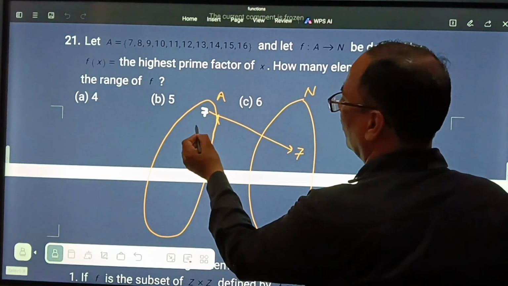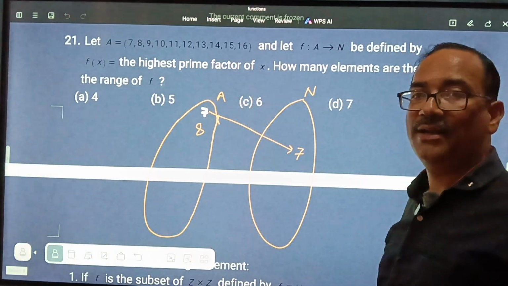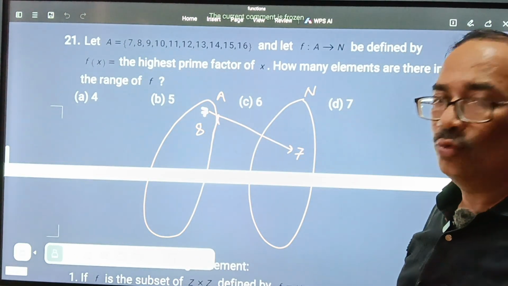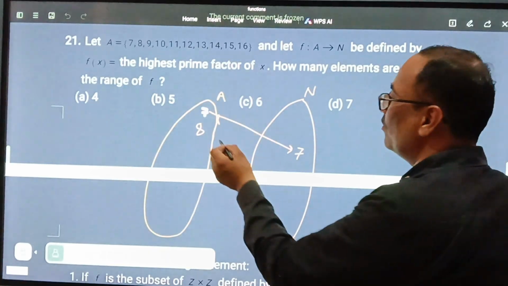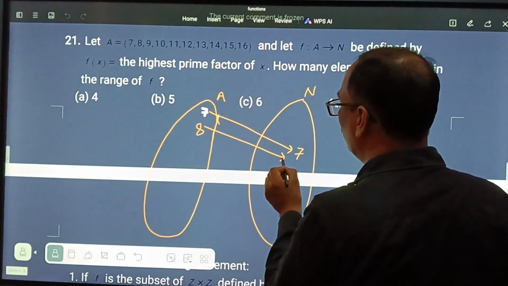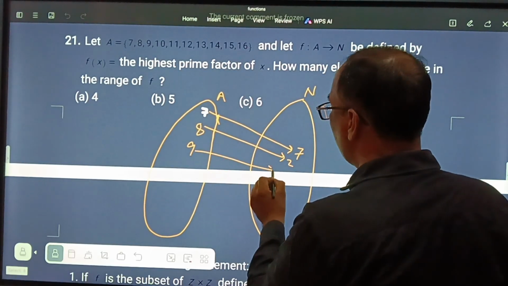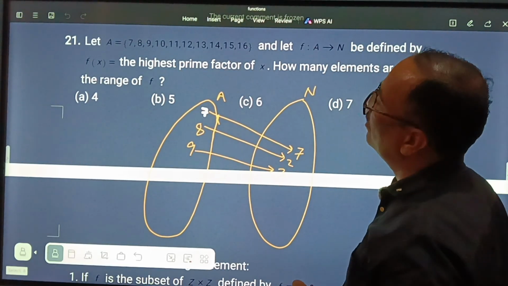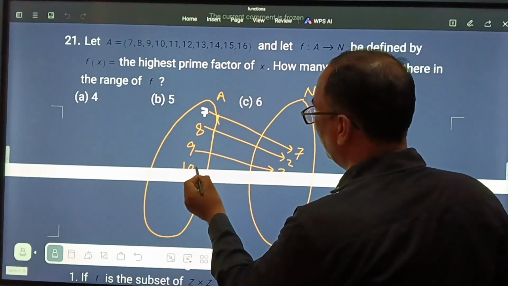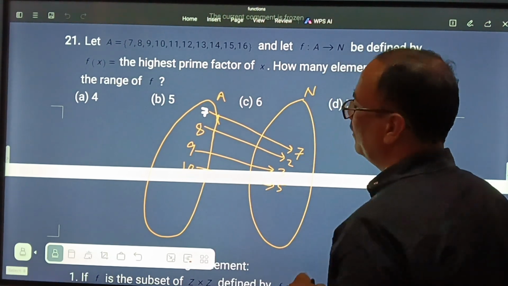Now 8 is a number which is equal to 2 into 2 into 2. The highest prime factor of 8 is definitely 2. Now the next number is 9. The highest prime factor of 9 is 3. Then 10 is there.